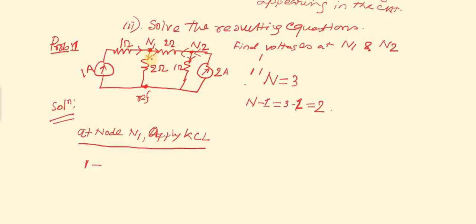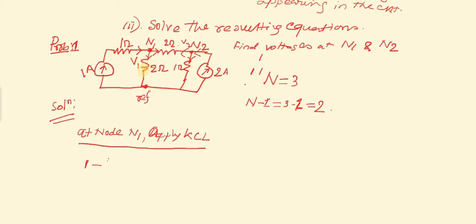Now it will be easy for you to understand how to write the KCL law at node 1. So this is current entering, and I put it as 1, and the other two are leaving. In terms of N1, say the voltage at N1 is V1, and the voltage at N2 is V2.